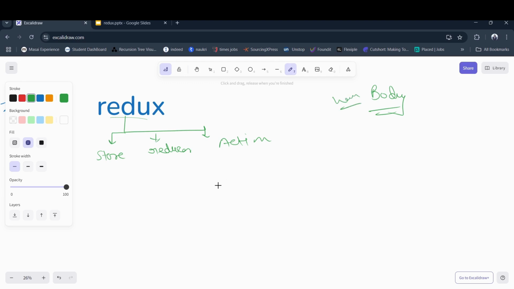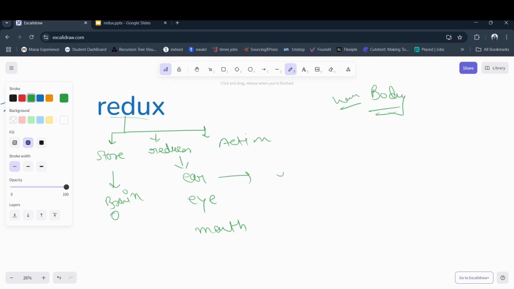In the human body, we have one brain, and we can assume it as the store. We have some body parts like ears, eyes, and mouth, and we can assume these as reducers. What does the ear do?